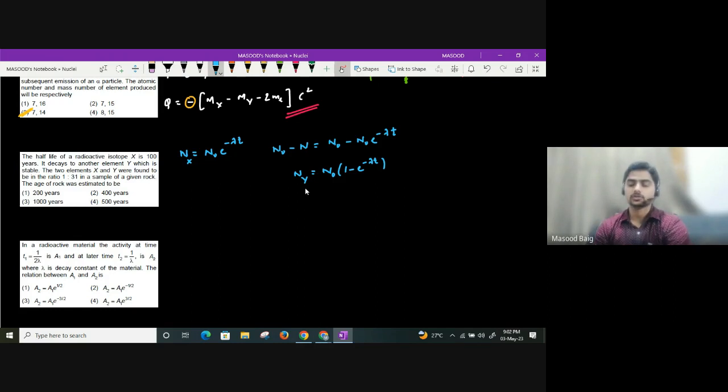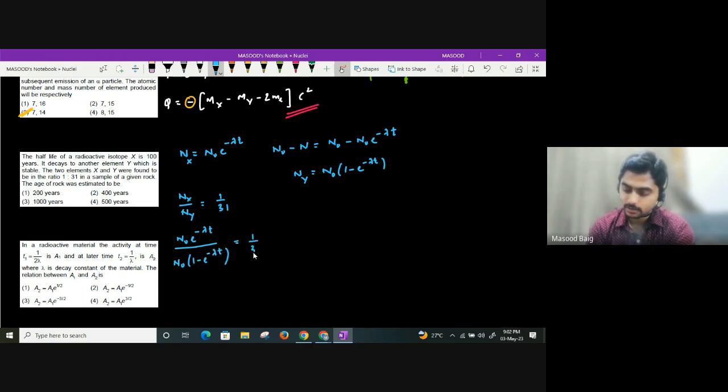Now, what is the ratio they are saying? They are saying that Nx divided by Ny happens to be 1 by 31. So from this, what we can write, beta? N naught e power minus lambda t divided by N naught into (1 minus e power minus lambda t) will be equal to 1 by 31.